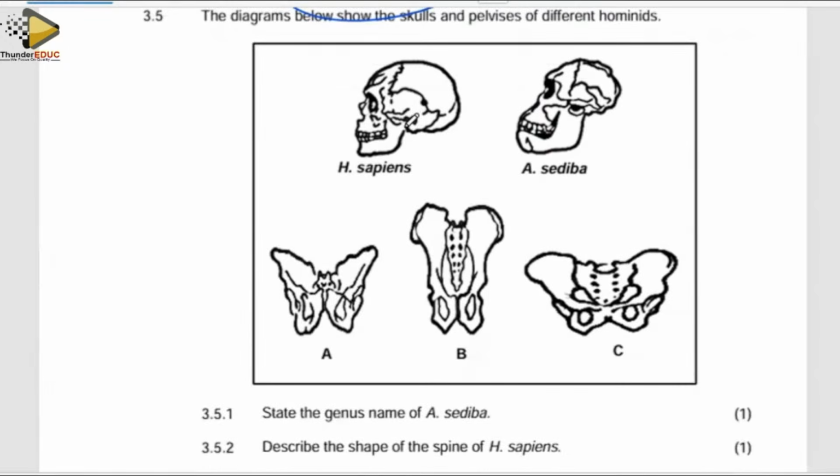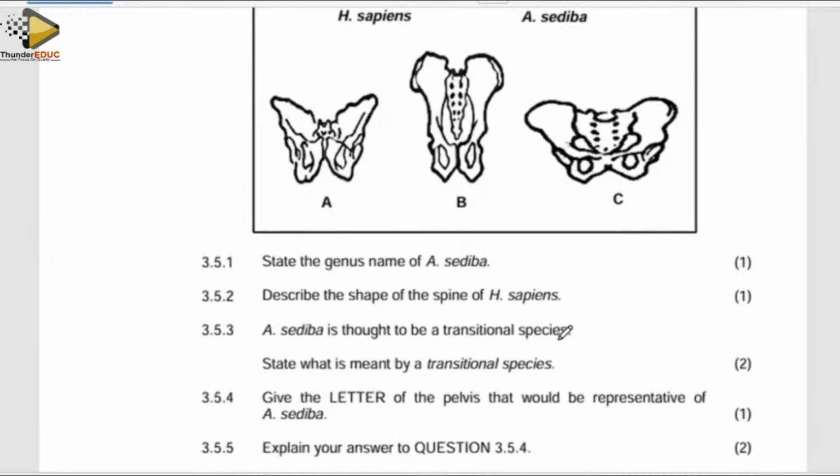Then they're saying that you have the skulls and the pelvis. State the genus for A. sediba. That is Australopithecus. Sediba is Australopithecus.